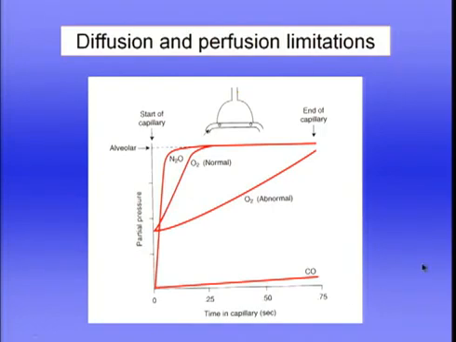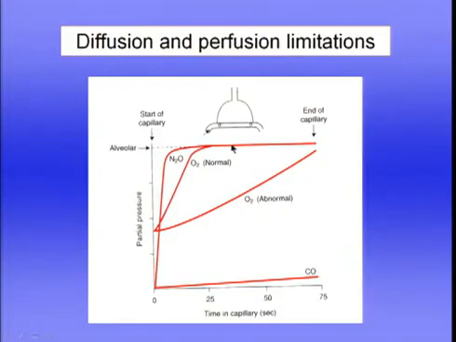And the upshot of that is that as the blood moves along the capillary, the PCO, the partial pressure of carbon monoxide, hardly changes at all. Okay? So what limits the transfer of carbon monoxide across the blood gas barrier? Well, it clearly is not the blood flow.